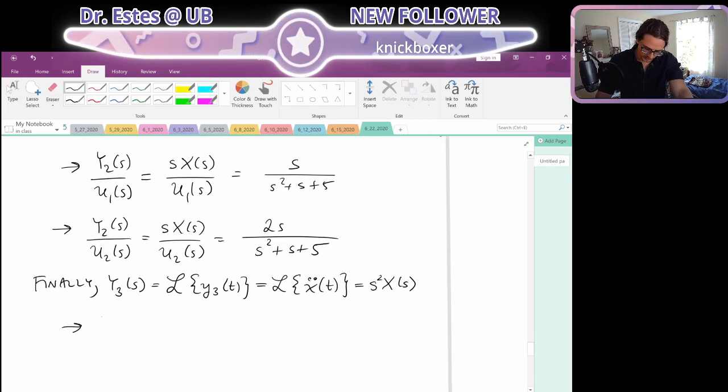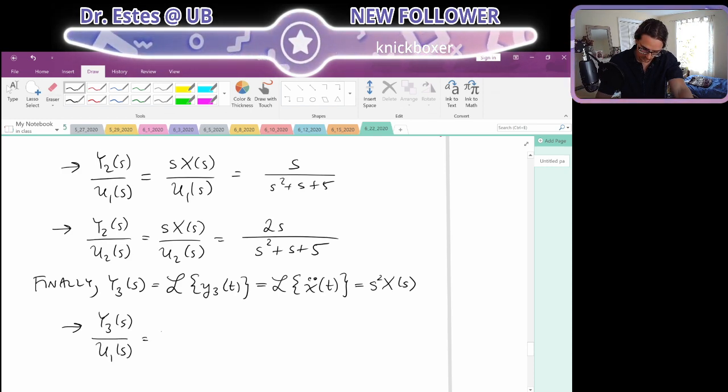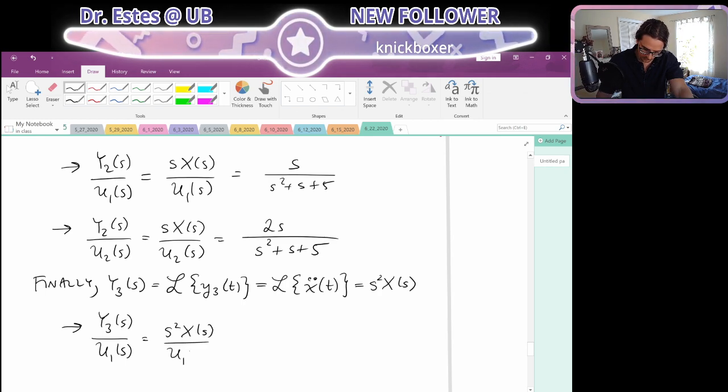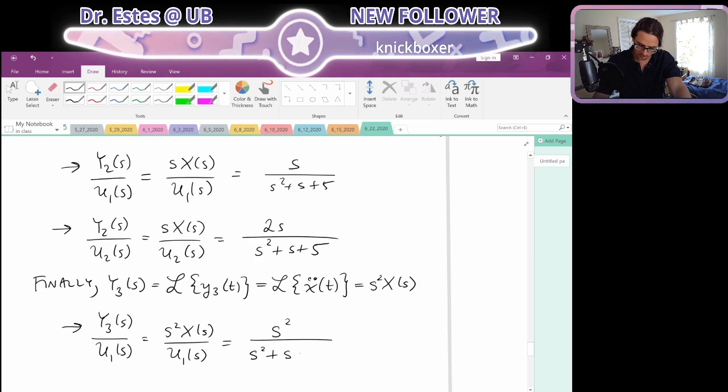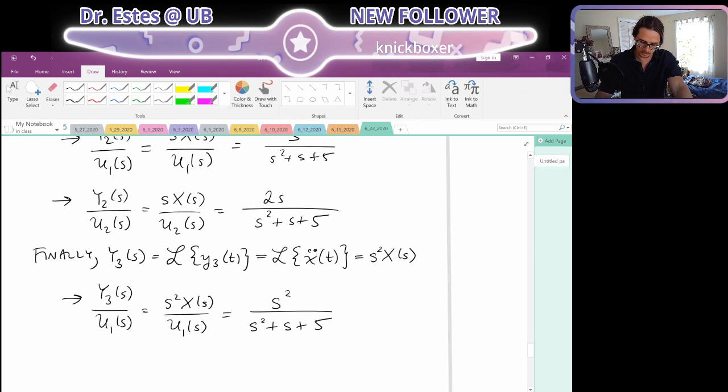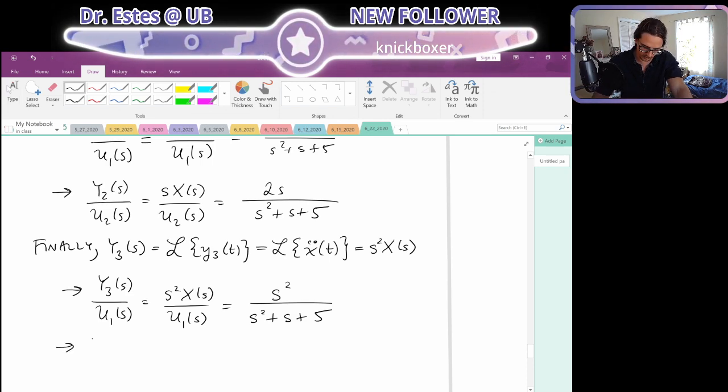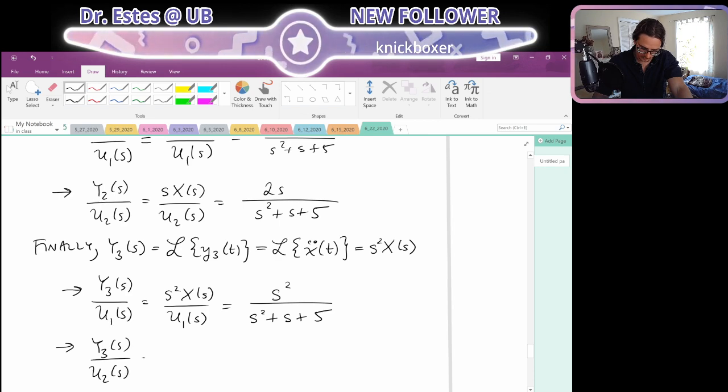So let's make those transfer functions. s squared x of s over u1 of s. And we're just using the x of s over u1 of s that we got earlier, recycling it over and over again. That's why I like to get that right at the beginning.